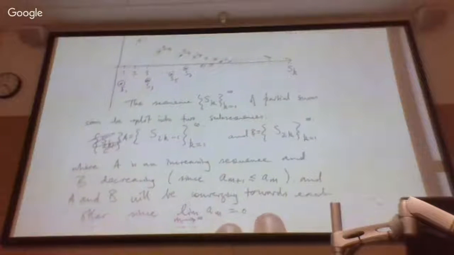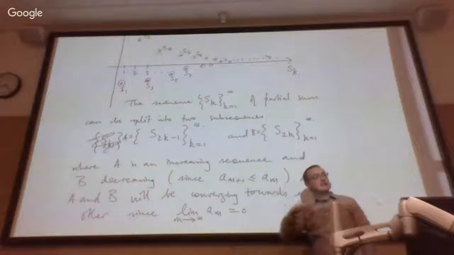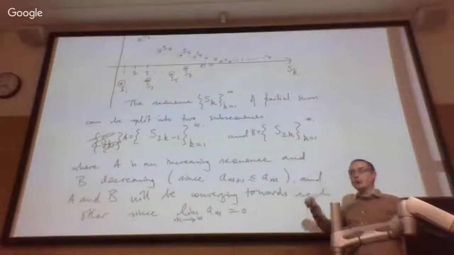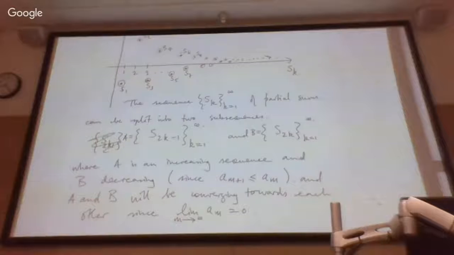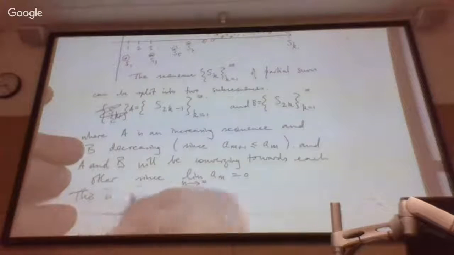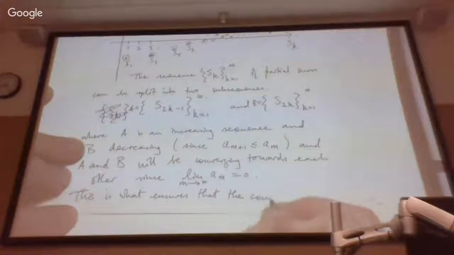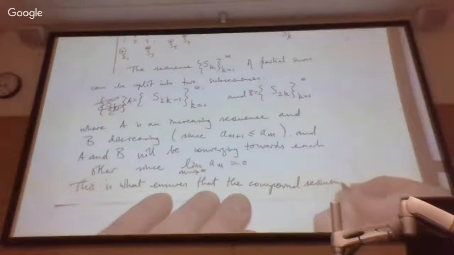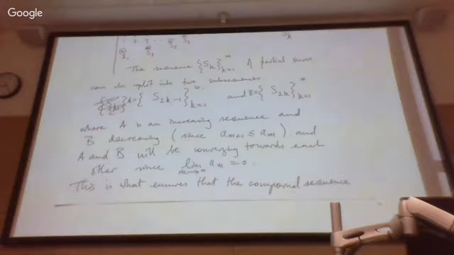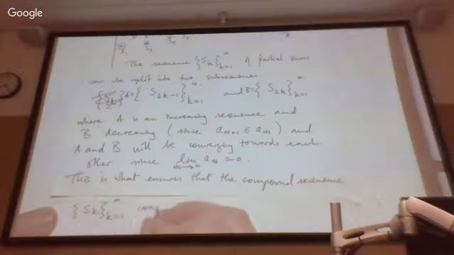Because we've said that this AM, which is the absolute value of the step size, is the term you either add on or subtract to get to the next partial sum. It's the amount you're stepping up or down by. If that's converging to 0, then those two sequences have to be converging towards each other. And this is what ensures that the compound sequence, when you interleave these two sequences together to get the original sequence of partial sums, all the partial sums, converges.